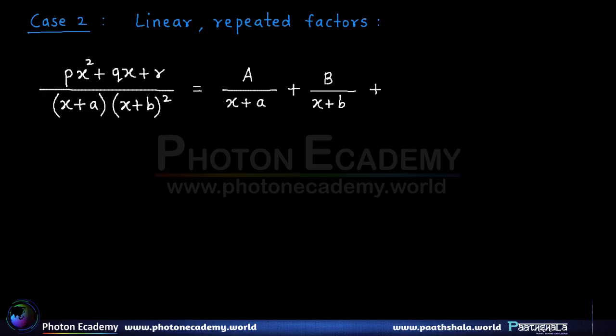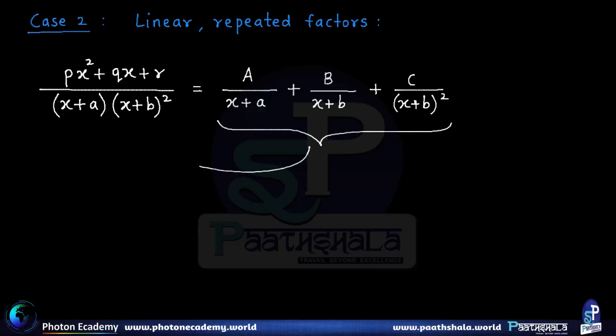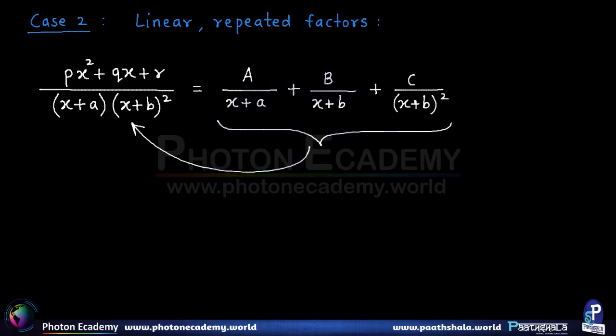And we must also consider the third fraction in which we have x plus b the whole squared, simply because in general we have to consider this expression on right hand side, which on simplified will give us the expression of the type on left hand side.